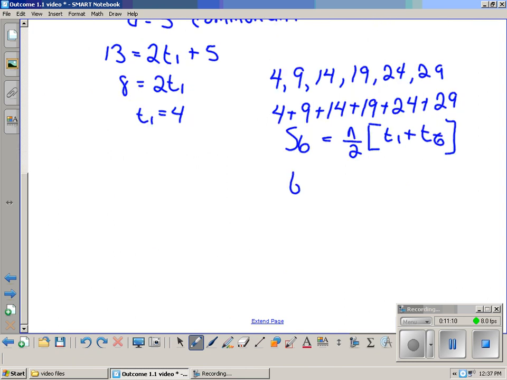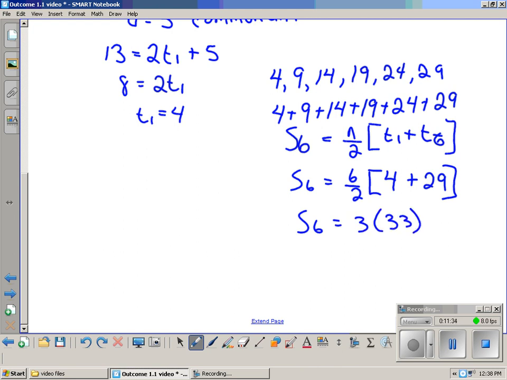So my sum is equal to 6 over 2 times t1 is 4 plus t6 we found to be 29. So the sum of the first 6 is equal to 3 times 33. 3 times 33 is 99.